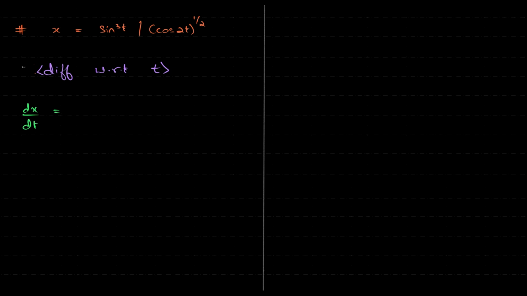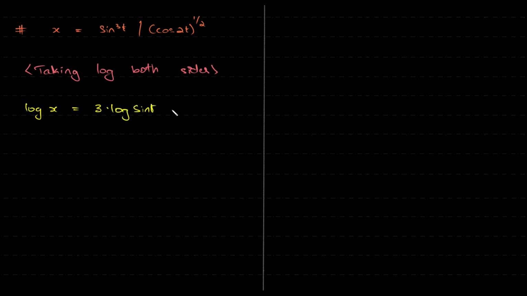Oh, sorry, before that, log. We are making use of log, right? Taking log both the sides, log of x is equal to 3 times log of sine t minus half log of cos 2t.